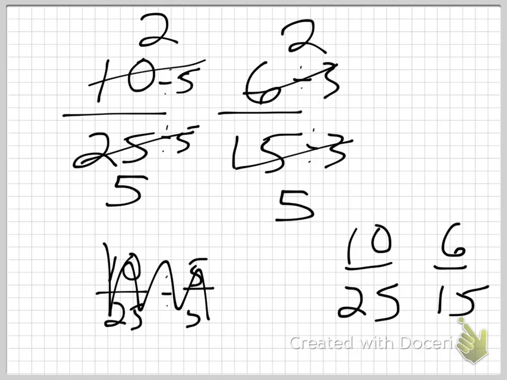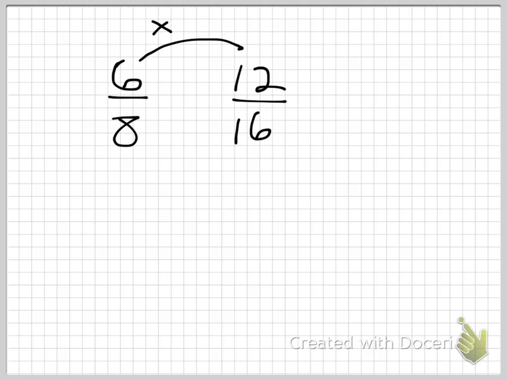Do you all understand what I'm saying? Yes, there are ones that are much easier than that, where they go, 6/8 and 12/16. And here, a lot of you would be like, yeah, they're equivalent, obviously. Why? How would you know? You realize that this is times 2 and this is also times 2, right?